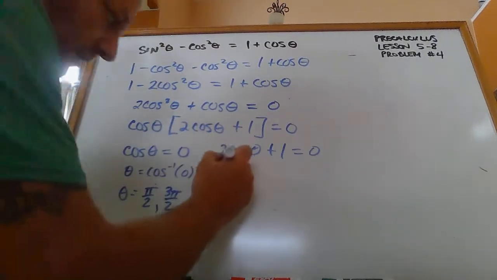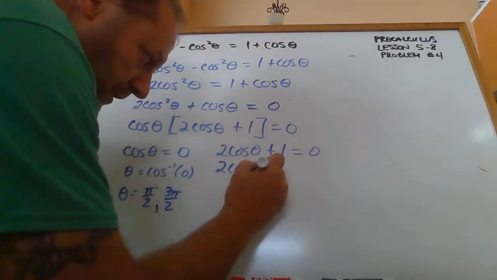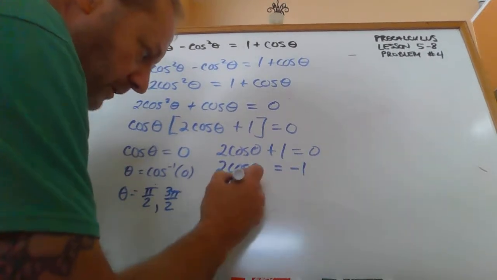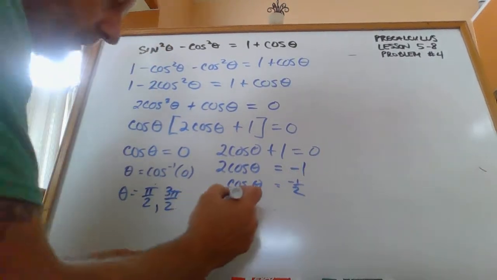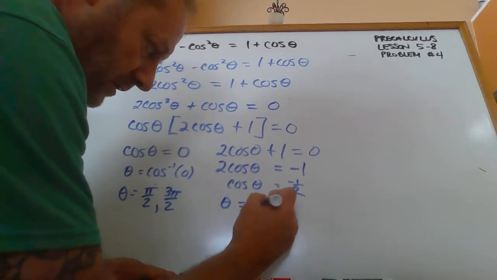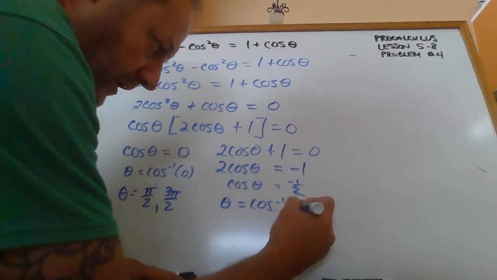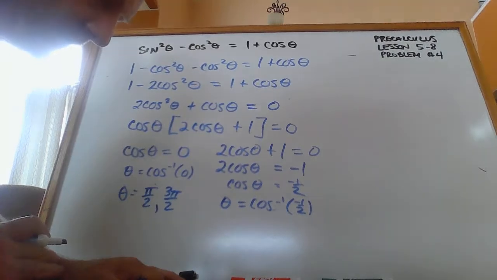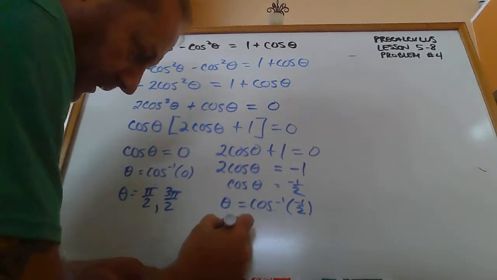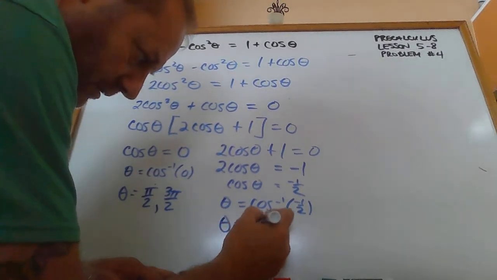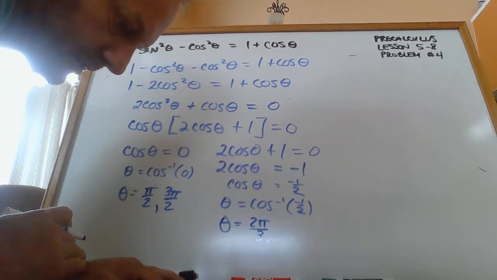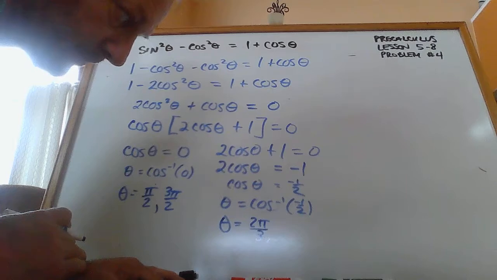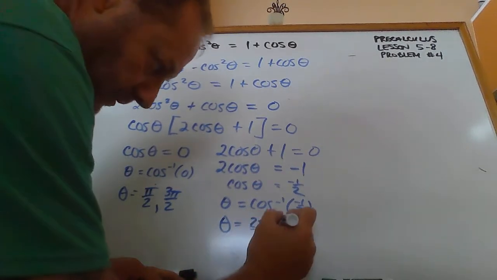And then over here, I'm going to subtract 1, divide by 2, and then I'm going to arc cosine negative 1/2. And I'm going to get 2 pi over 3, and let's see, I'm also going to get 4 pi over 3.